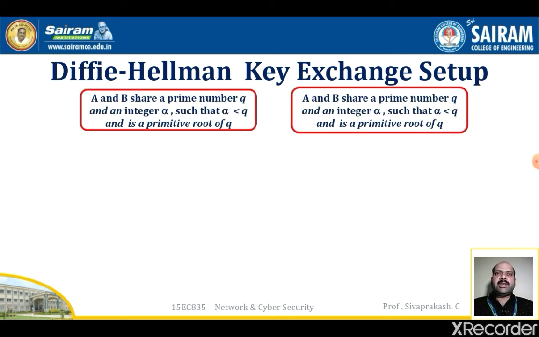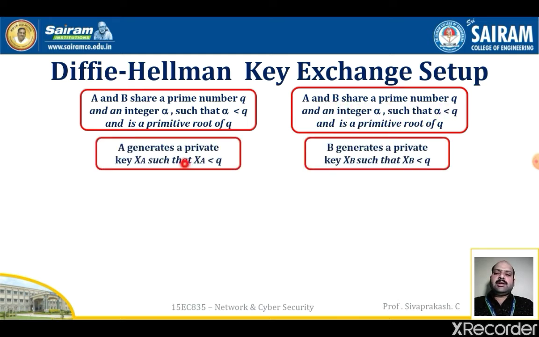Users A and B share a prime number q and an integer alpha such that alpha is less than q and is a primitive root of q.